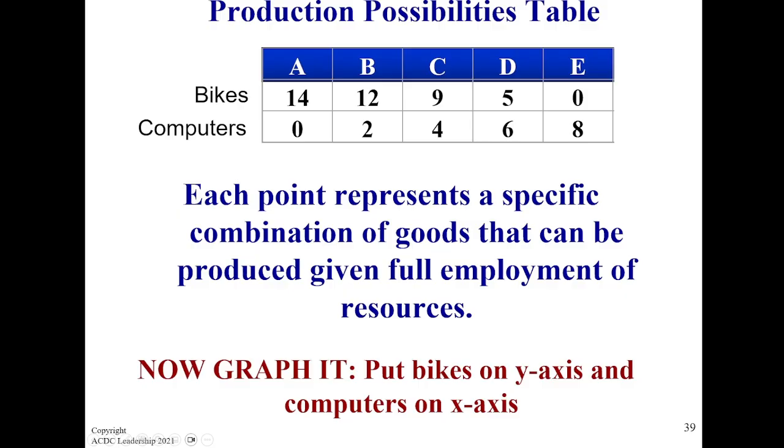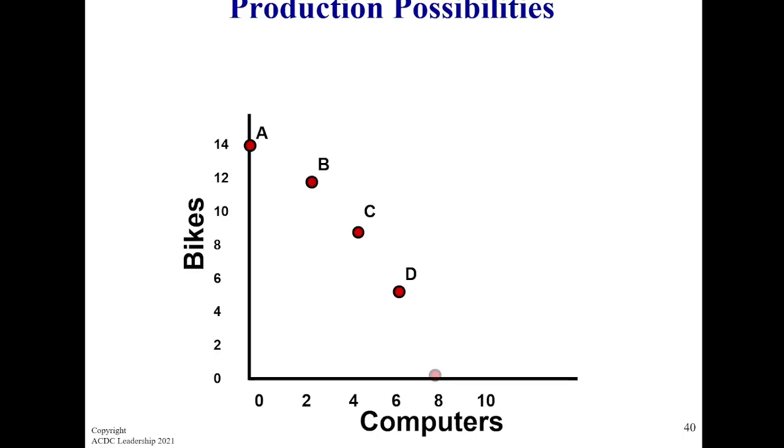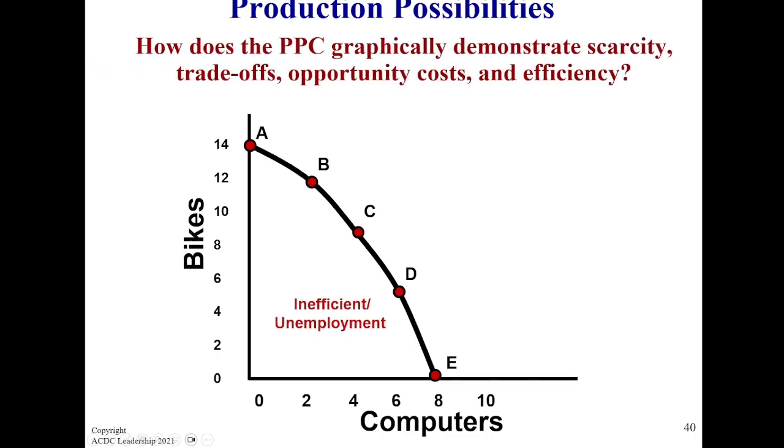So we know that they could have produced more bikes, or they could have produced computers. So any point that lies inside the region bounded by the y-axis, x-axis, and PPC is inefficiency. And any point on the PPC, on this line, is full efficiency. So under here, inefficiency, unemployment is what this inner area represents. And on the curve is efficient.